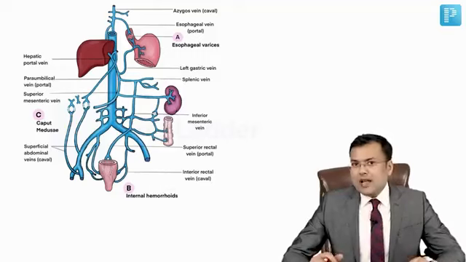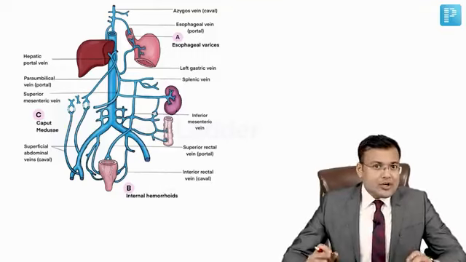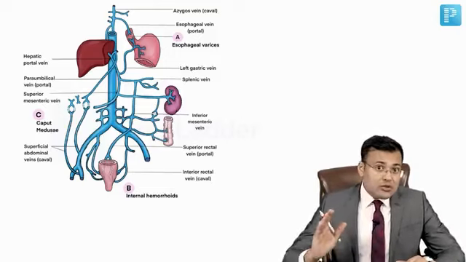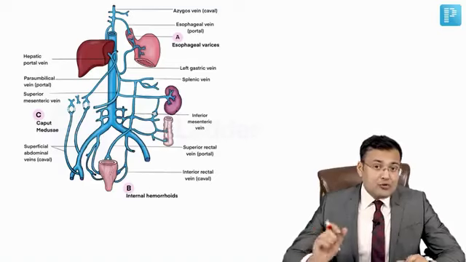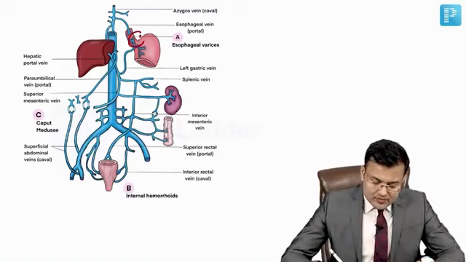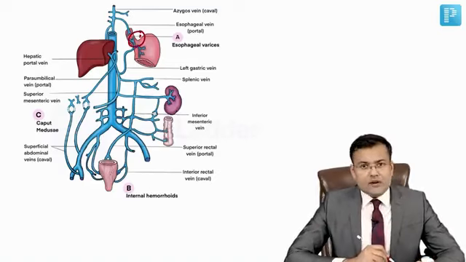So what happens in portal hypertension? There is formation of venous collaterals at the sites of portosystemic anastomosis. So what are those important sites? First, this is the GE junction or lower third of esophagus.